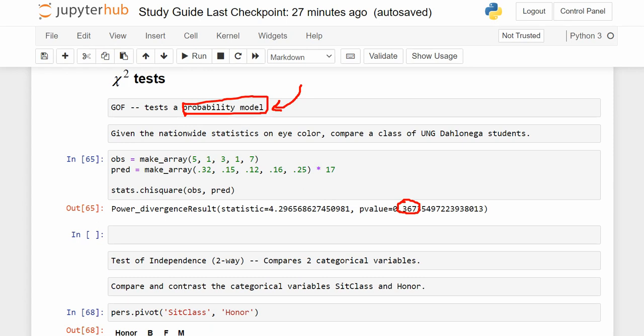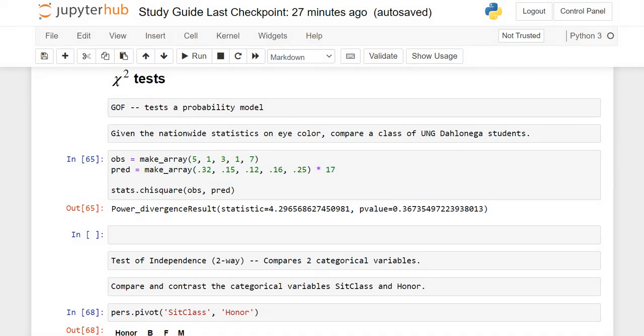When we fail to reject, like we do in this case, we say there is no evidence that the probability model is wrong. Now notice, these aren't exactly the right percentages, but they're not different enough to say, hey, throw out the probability model. It's working okay. The probability model works okay.